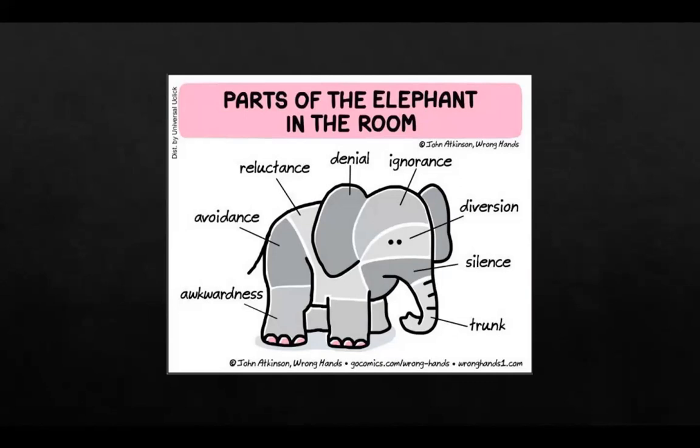A lot of times we're in denial because of that, or we're maybe ignorant to our own behavior of how a patient death impacts us. We might try to divert our feelings and change the subject, or get involved in something that's just going to divert those emotions to something maybe more constructive, but that can only work for so long, or we might just often be silent. So many components to that elephant in the room that we deal with.